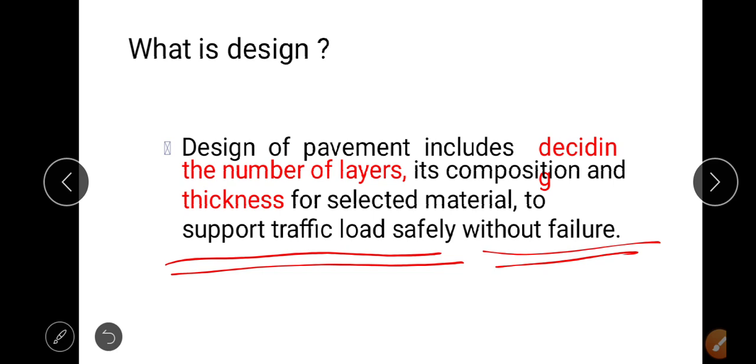The design should be done such that failure should not take place and at the same time it should support the oncoming traffic load very effectively and transfer it to the subgrade soil and to the earth's crust uniformly and smoothly.